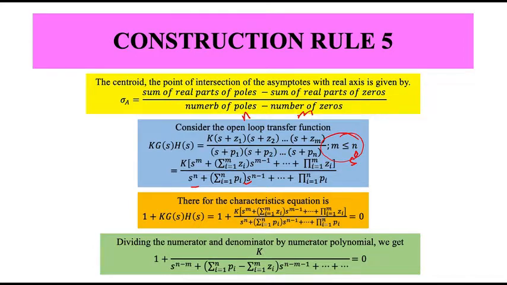What will be the coefficient? The coefficient of s^(n-m-1) is the sum of all the poles minus the sum of all the zeros, and then you just have this series.